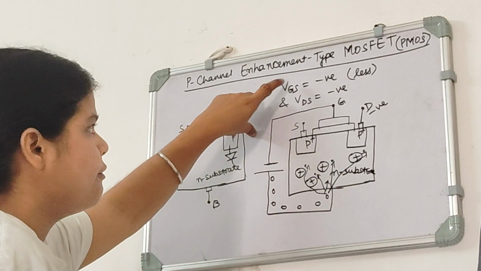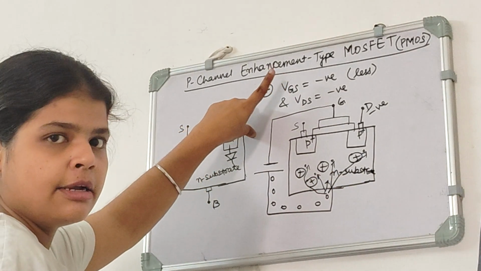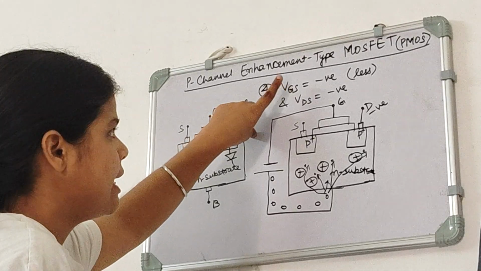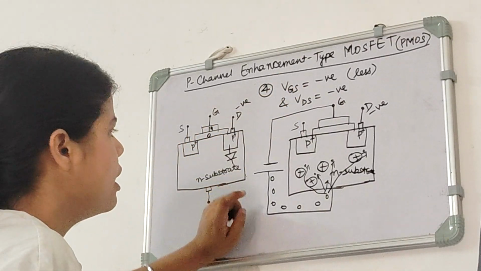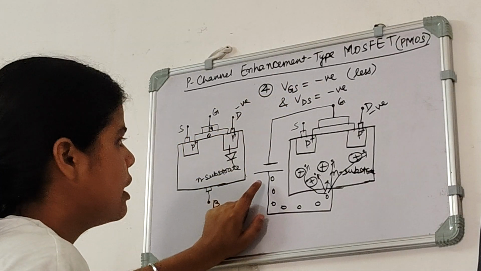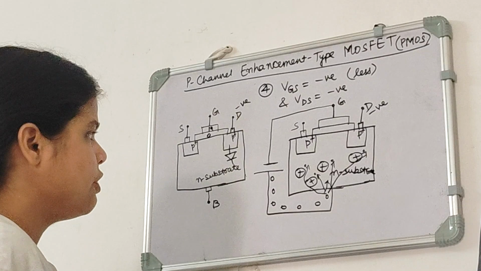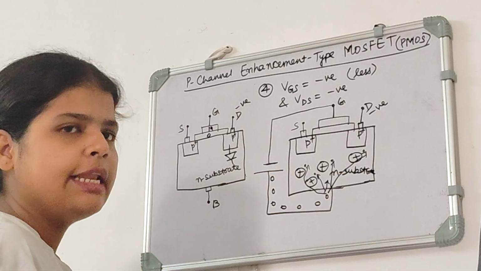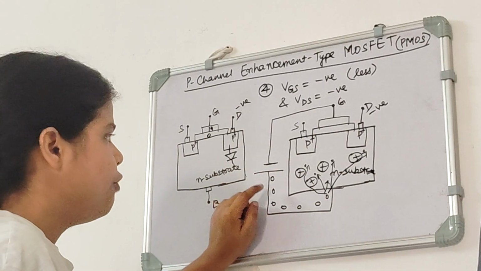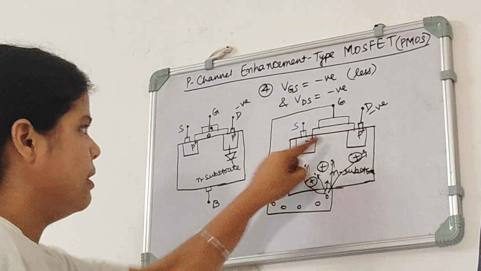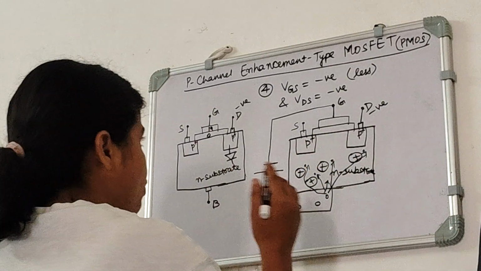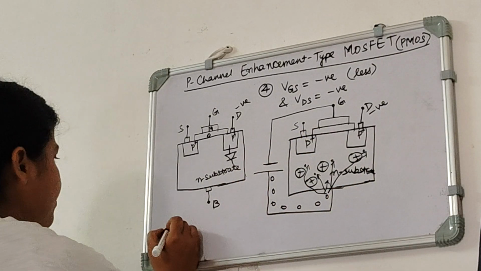But when we apply a less negative VGS, we will get only a few holes, which will just recombine with the electrons of the N substrate. They won't be able to form any channel. So what is happening here?